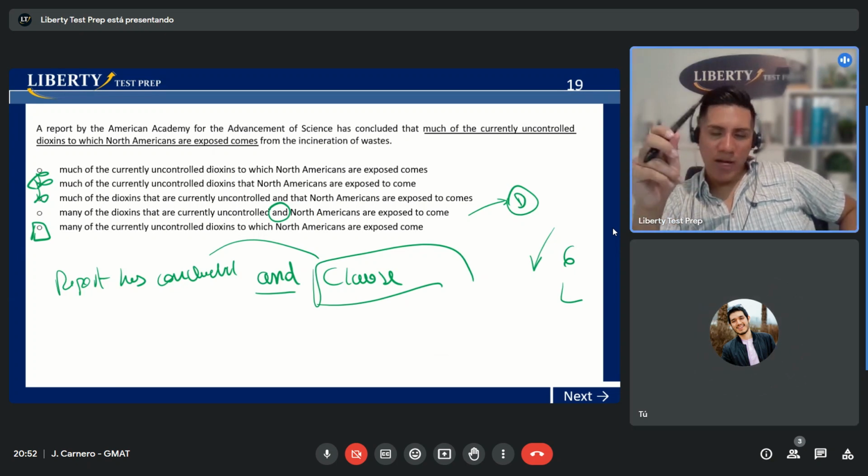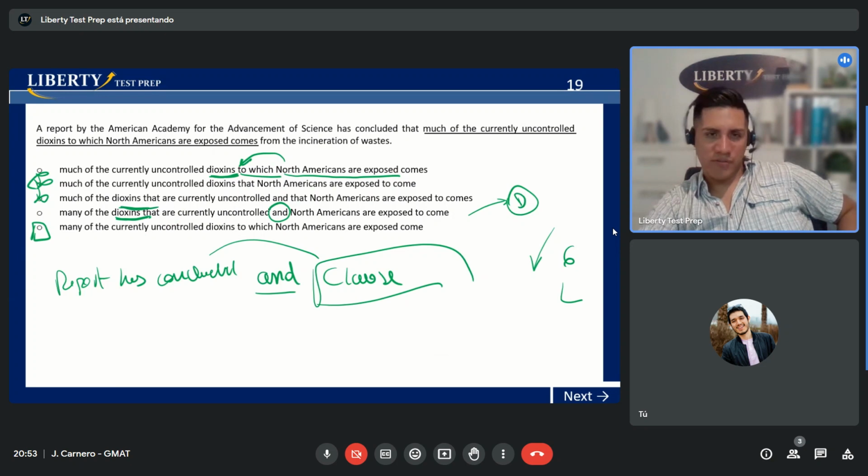The original one has no parallelism, right? Now, what are they doing with "North Americans are exposed to which"? They are using these North Americans to say that these are dioxins to which these people are exposed. Does it have the same meaning here? No, because these North Americans are exposed in reality. We want to say that's the origin of the dioxins.